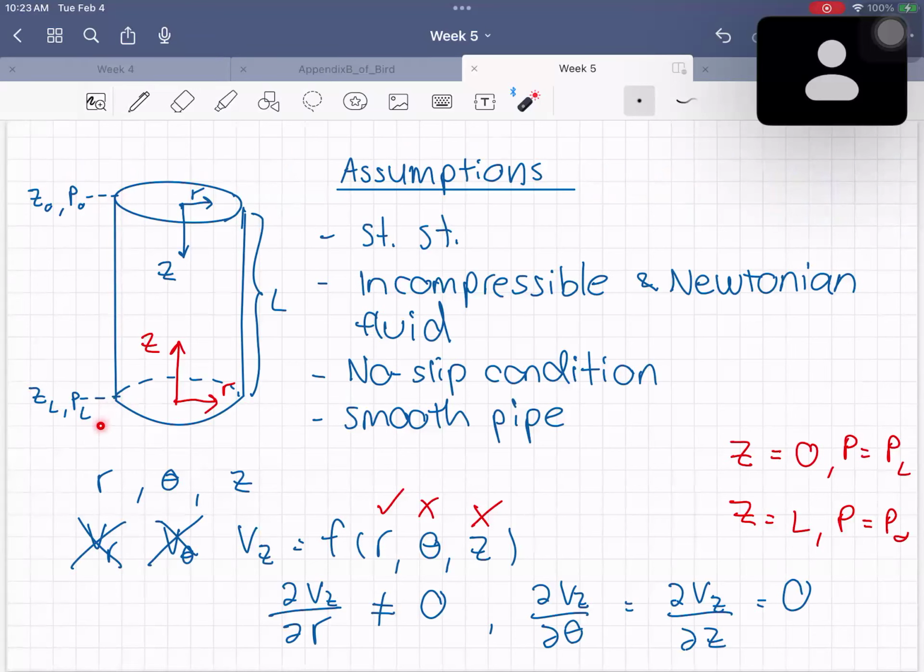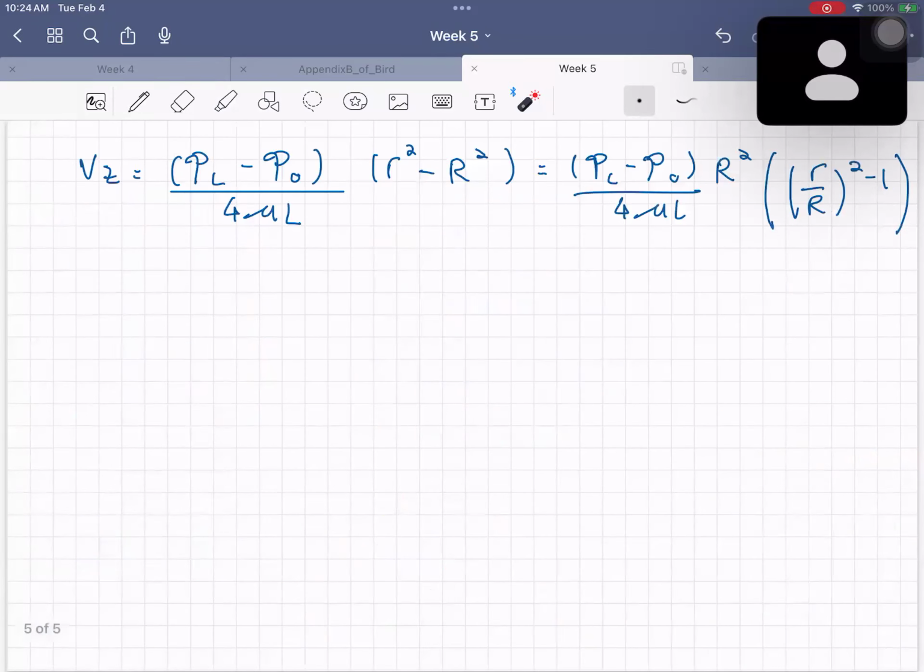Which one is higher? At the top? Really? Actually, the bottom, right? Because it's under the weight of the fluid as well.